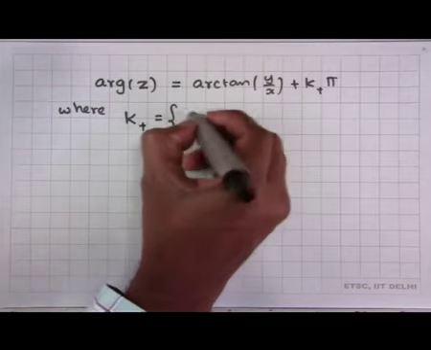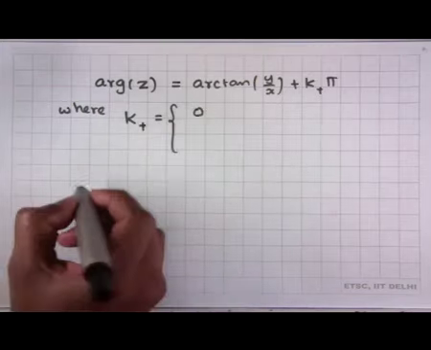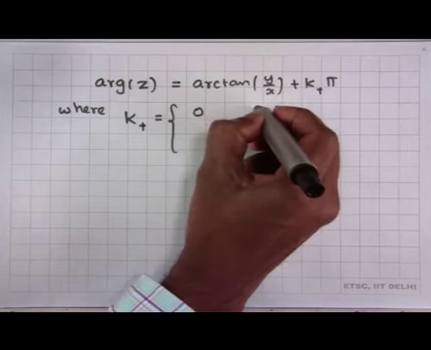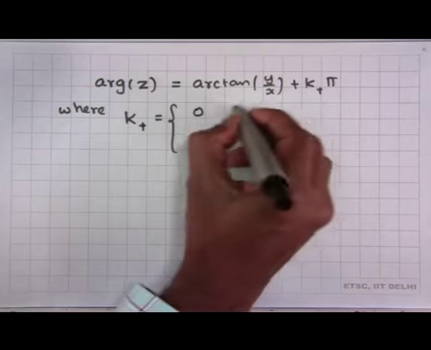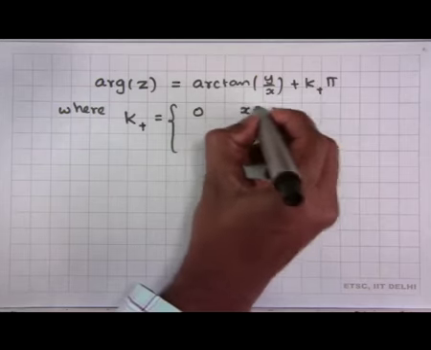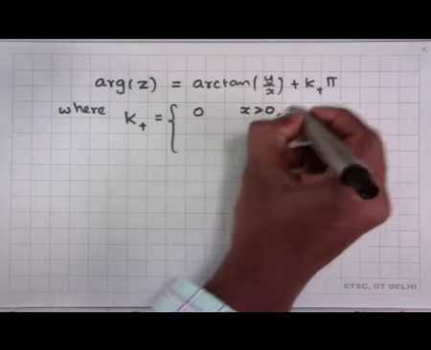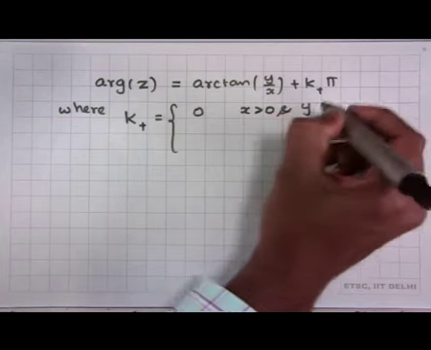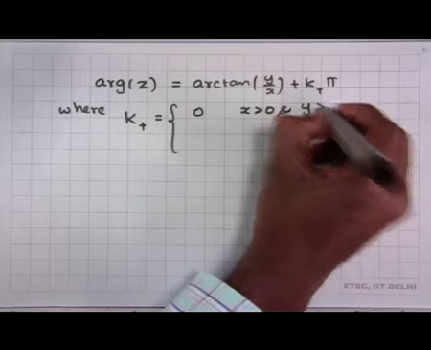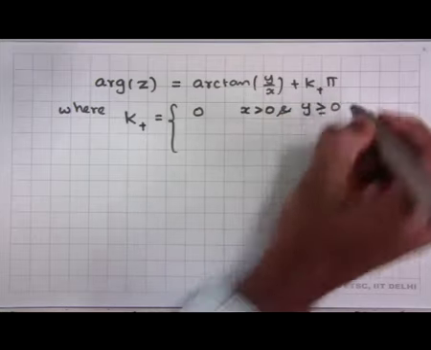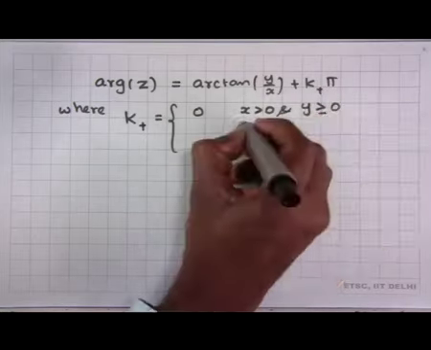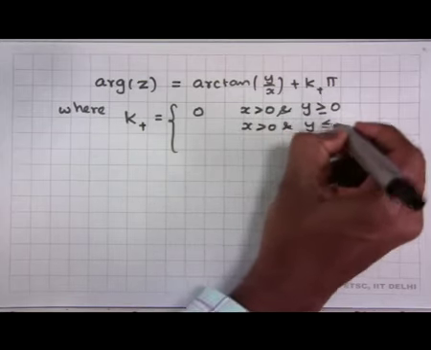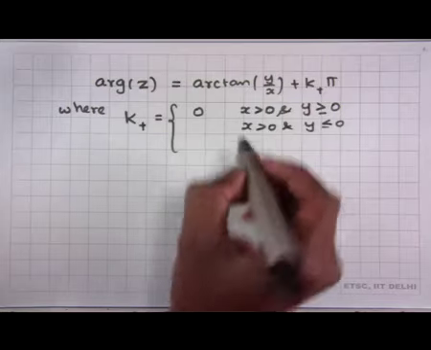So, k plus is 0 if x, y lies in the first and fourth quadrant, that is, x is positive, or in the fourth quadrant y is less than or equal to 0.